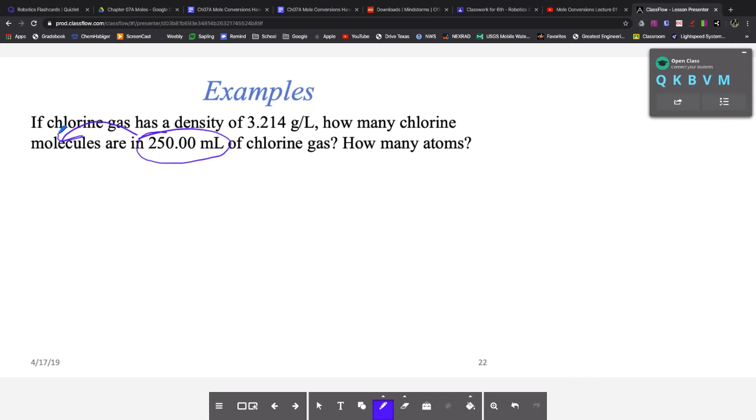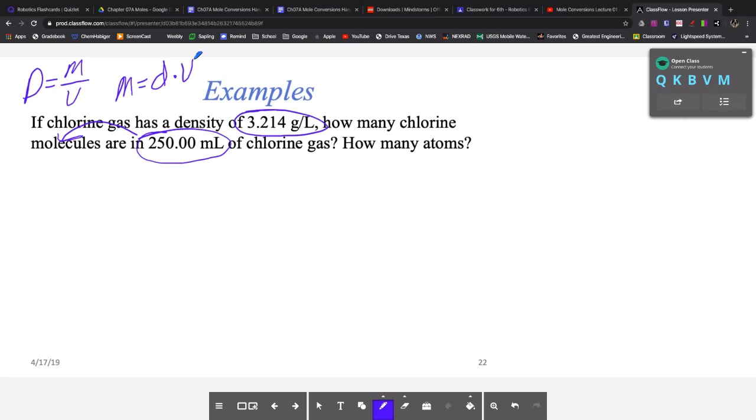So how in the world are we going to do that? Well, we have to look to see what they give us. They give us density. If you remember, density is equal to the mass divided by the volume. And if we rearrange the equation, the mass is equal to the density times the volume.